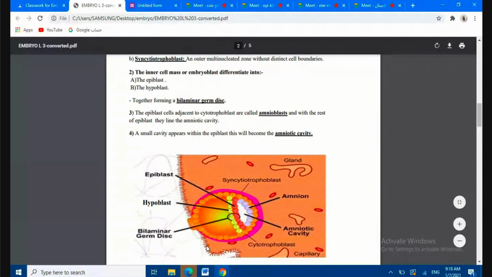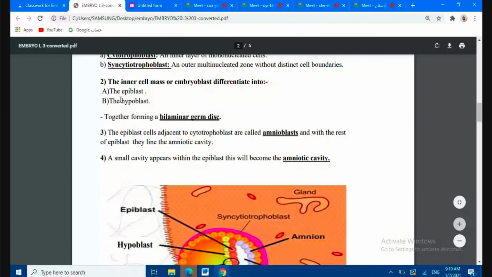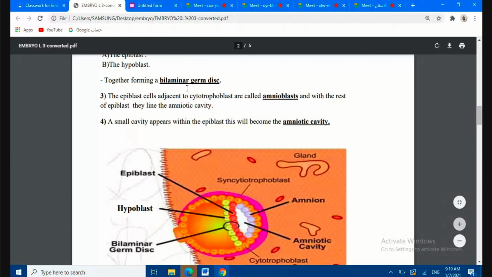Epiblast plus hypoblast is equal to bilaminar germ disc. Bi means two, laminar means layers, which are the epiblast and hypoblast, and the germ disc will be the basis for the formation of the rest of the types of cells and tissues, finally the organs.